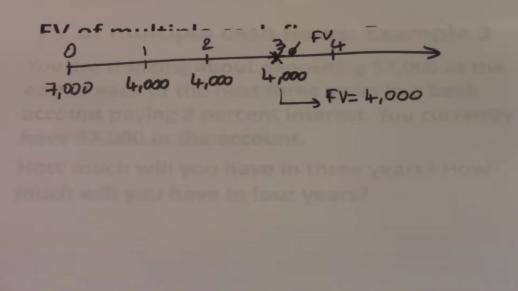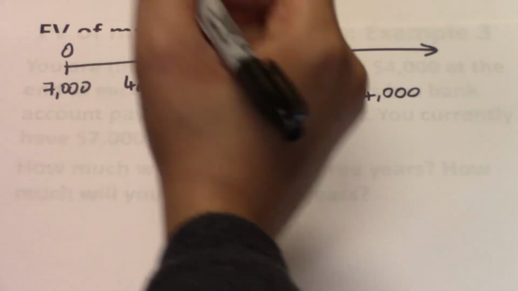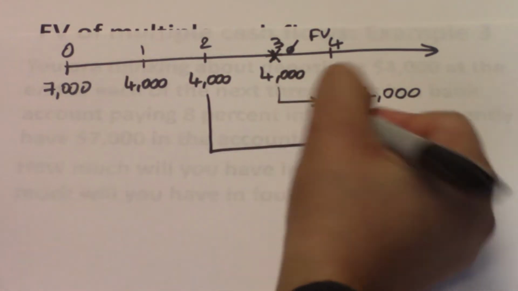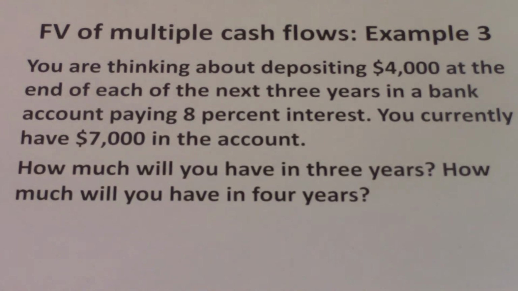For the $4,000 that was deposited during the second year, this one has 1 year to grow. So we apply the formula. Okay, so 4,000 times 1 plus R. The R in this case is 8%.